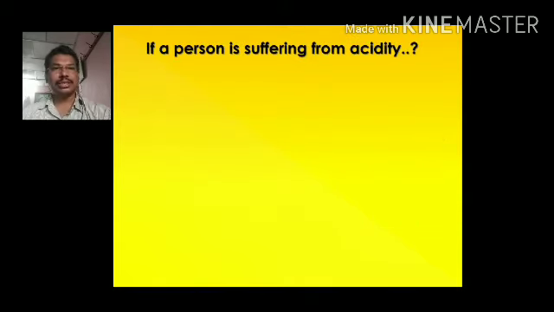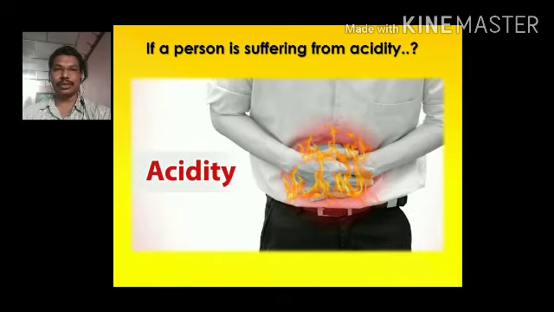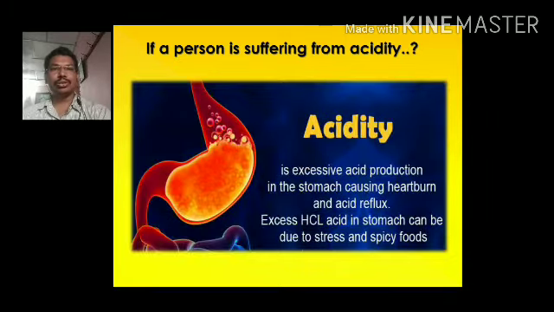If a person is suffering from acidity, let us check what happened. Already there is acid produced in the stomach. If you take more food which is acidic in nature, then the acid content will increase and that will give us some pain or burning effect in the stomach, which we call acidity.